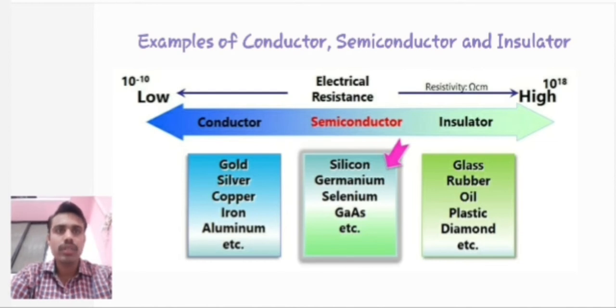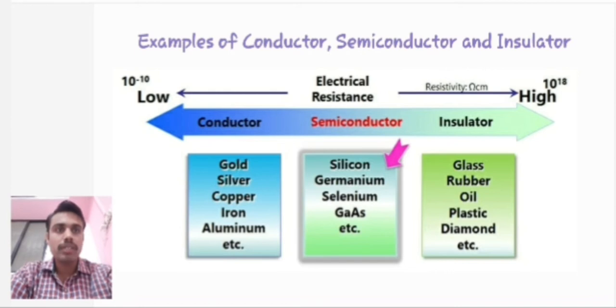As conductors have very low electrical resistance, they are kept on the left hand side. Examples of conductors are gold, silver, copper, iron, aluminium. On the right hand side, where electrical resistance is very high, that means conductivity is low, because conductivity and resistivity are reciprocals of each other. That's why examples of insulators like glass, rubber, oil, plastic, and diamond are there.